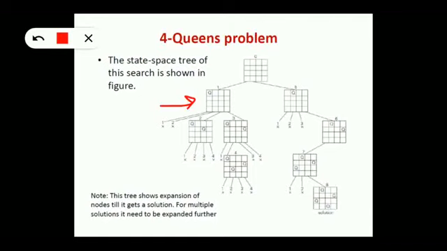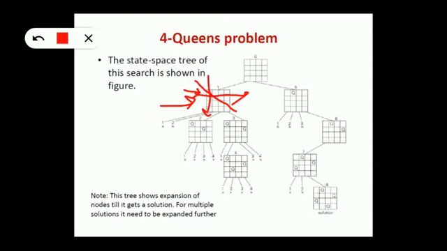So once I place queen 1 in the first row, first column, I cannot place the second queen either on the first row or on the first column, because as the constraint specifies, if I place the queen on either of the first row and the first column, or if I place the second queen diagonally, then queen 1 may attack queen 2.